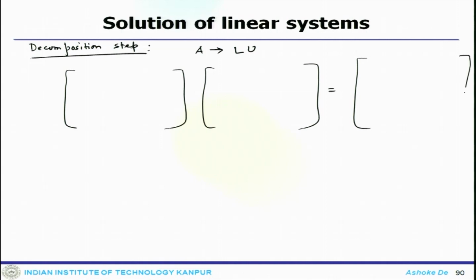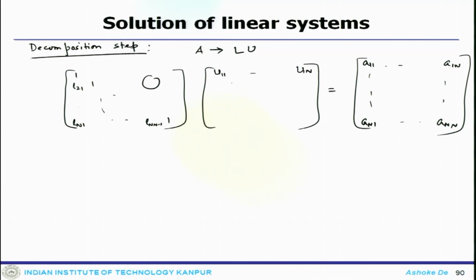A starts from A11 to A1n and goes on to An1 to Ann. This is all the terms which are there, and the lower triangular has all 1s on the diagonal, zeros on the upper side, with L21 to Ln1, and the upper triangular has u11 to u1n, 0, u22, u2n, and so on, up to unn and all zeros below.